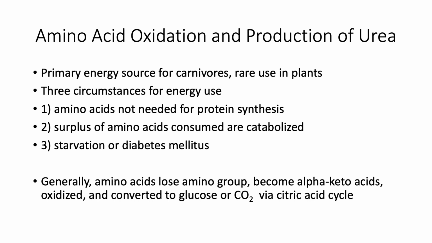Generally, amino acids lose the amino group and become alpha keto acids. They're oxidized and converted to glucose or carbon dioxide via the citric acid cycle. Some of these amino acids are more readily transformable to that cycle than others.